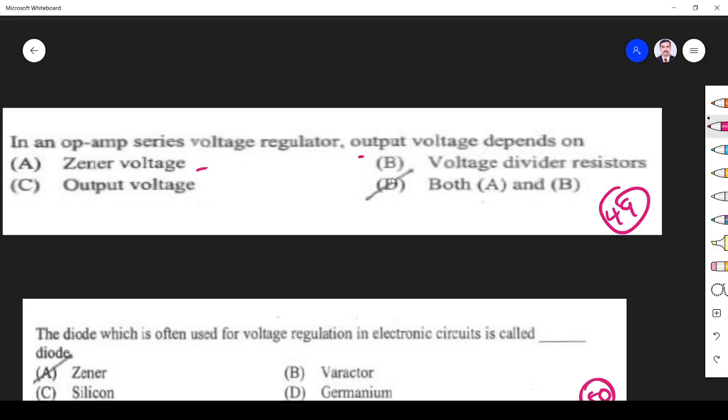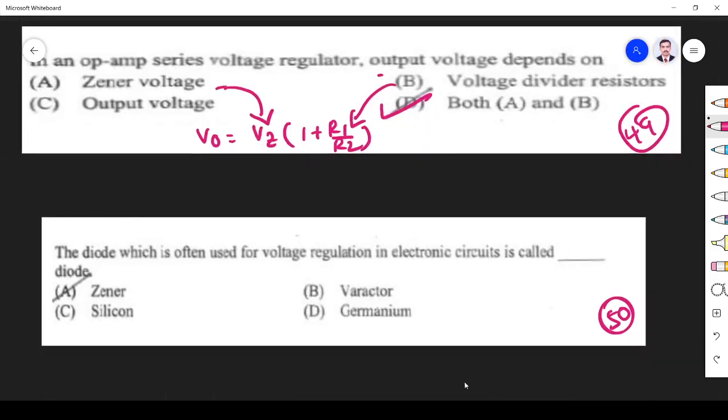They are asking it sometimes, so please remember this question. The output voltage depends on VO is equal to VZ times (1 plus R1 by R2). So the voltage divider resistors and the Zener voltage. So in an op-amp series voltage regulator, output voltage depends on both.